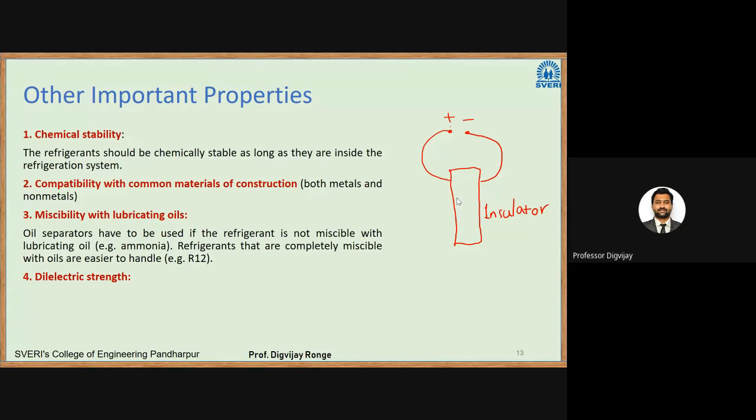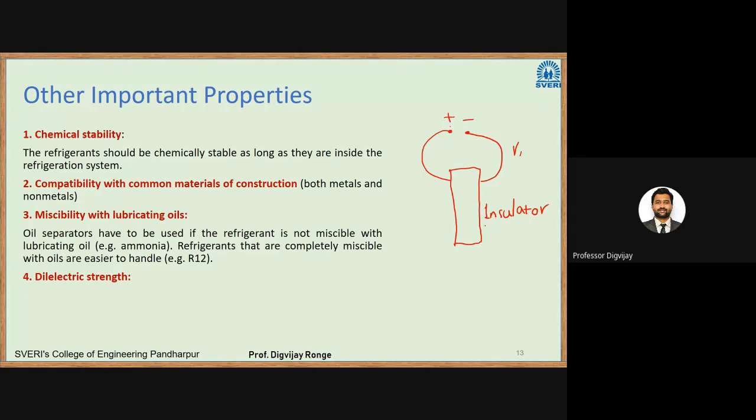Suppose V1 is the voltage. After V1, if I increase the voltage in the system, that insulator will no longer act as an insulator. It will lose its insulating properties. So the maximum voltage up to which an insulator can hold its insulating properties, we call the dielectric strength.